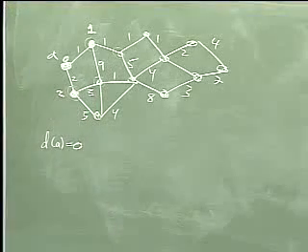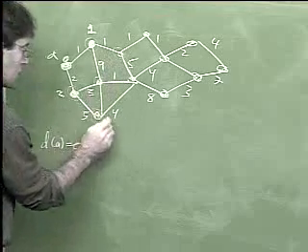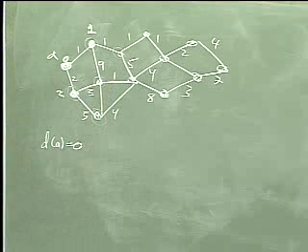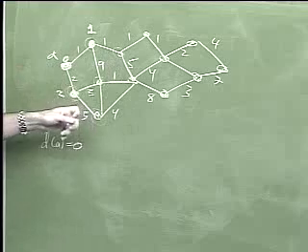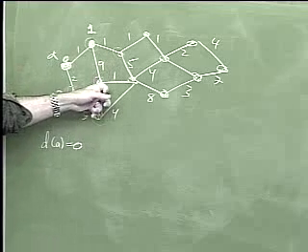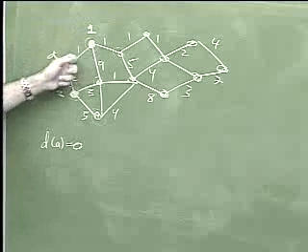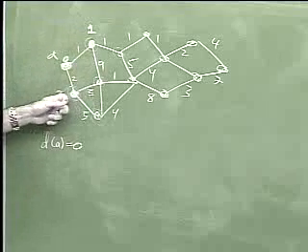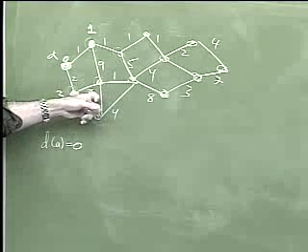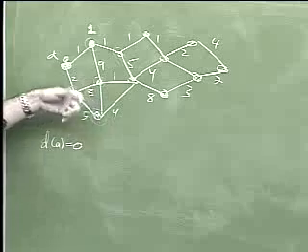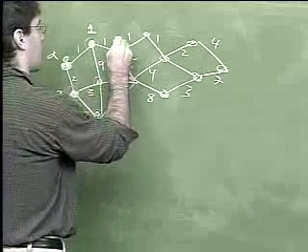Now my set T contains this node and this node, and again I have to find the deltas. The delta for this node is 2. This node has two deltas: it can go through this edge, distance 1 plus distance 9 is 10, or through this edge, distance 2 plus distance 3 is 5. But this is the node I add next because it has distance 2, so this one gets added.